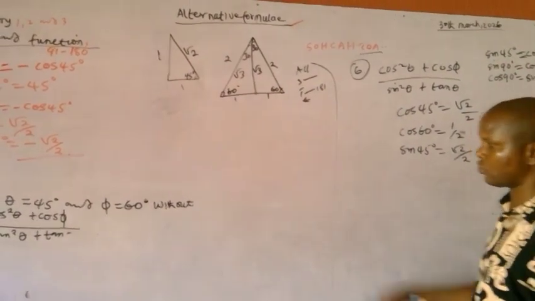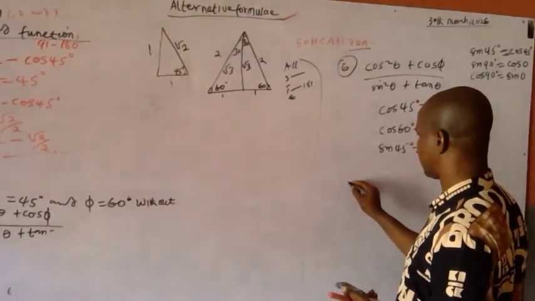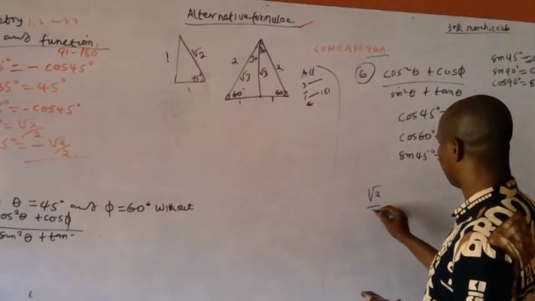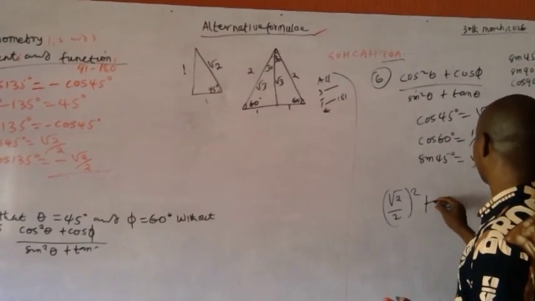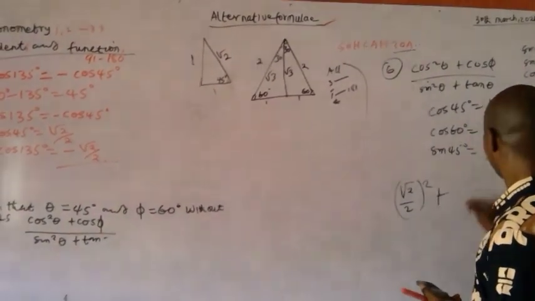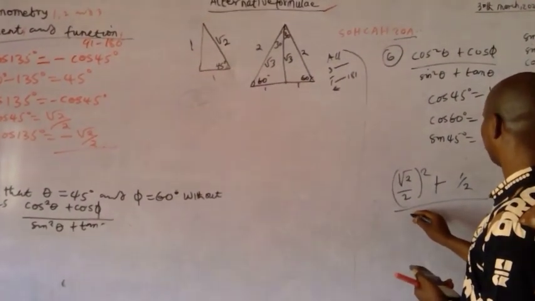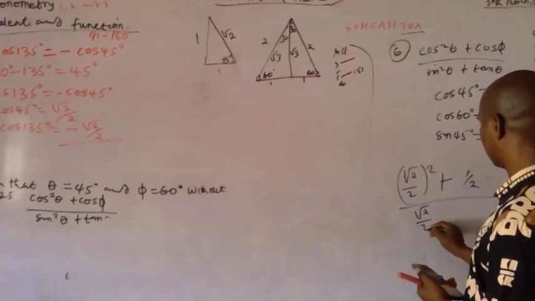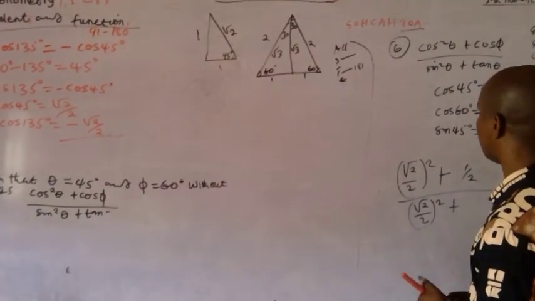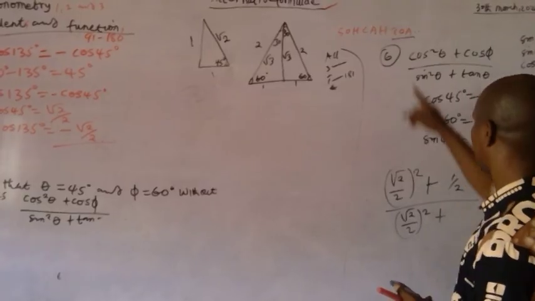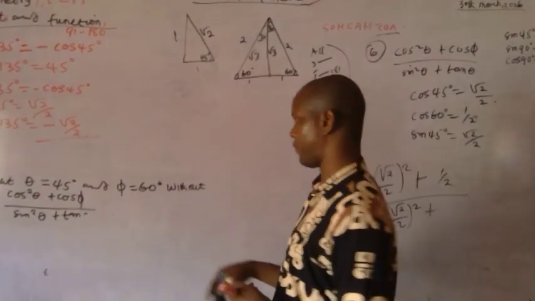So combining these two, we just come back and say that here will be root 2 all over 2 all squared. Following that, then here will be 1 all over root 2, all over root 2 all over 2 all squared, plus tan is opposite all over adjacent, and we are talking about tan 45.